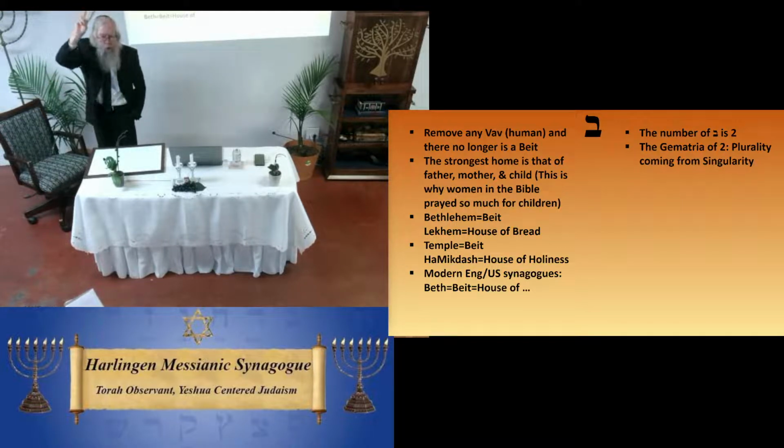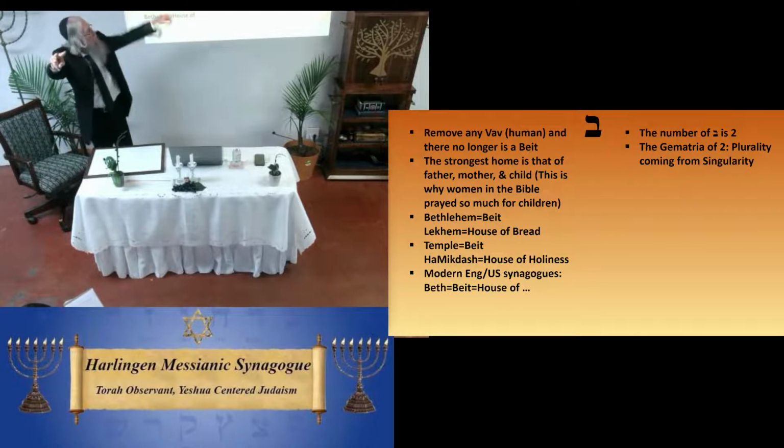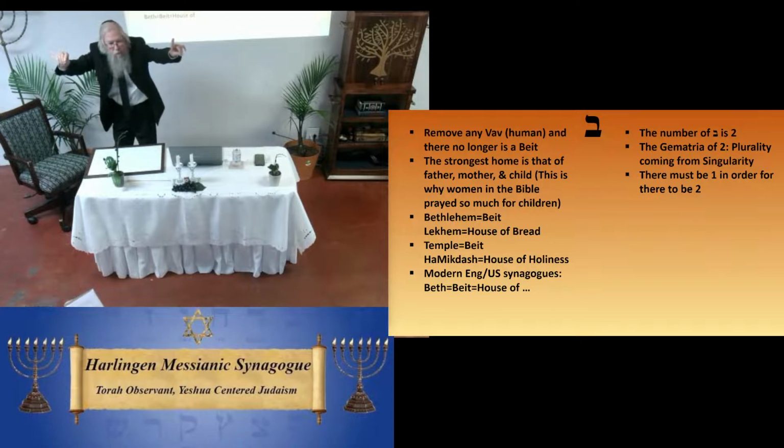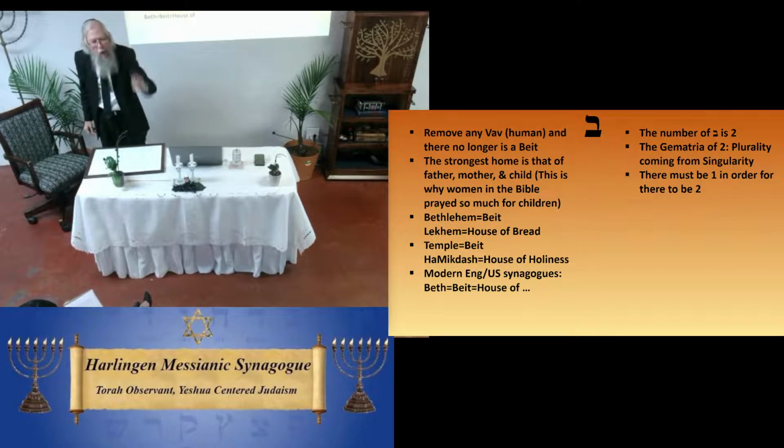How do you get 2 of something? Before you have 2 of something, you must have 1. Correct? In order to have 2, you must first have 1. So plurality always comes from singularity.